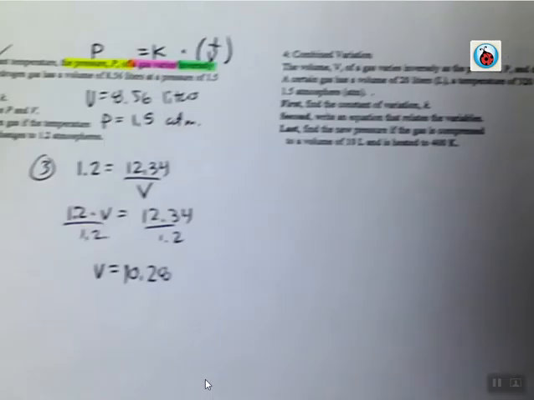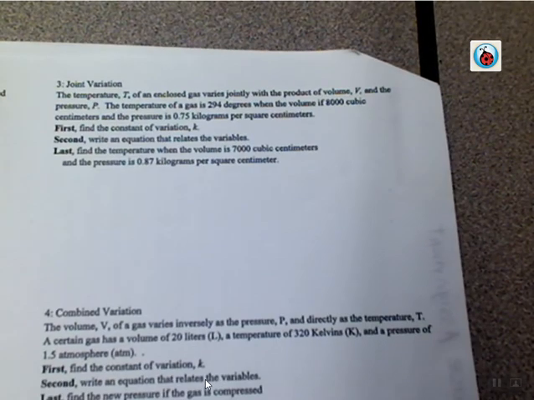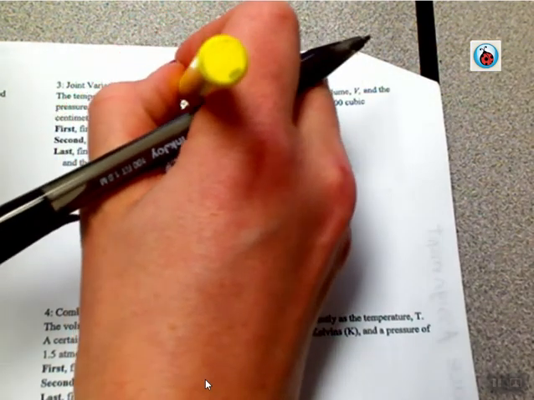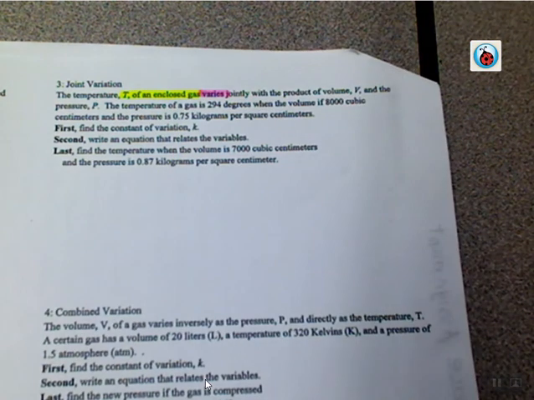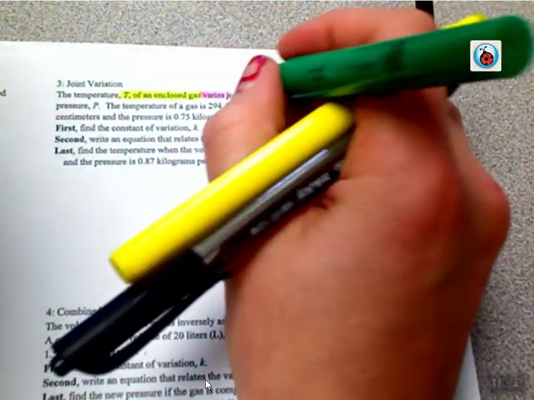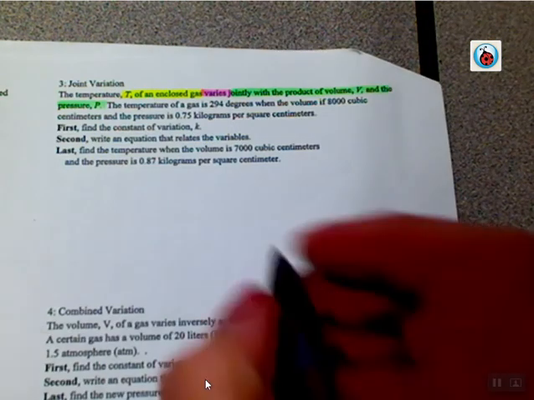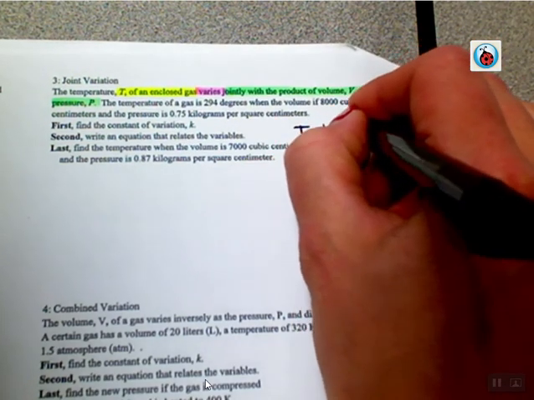All right, let's do our last two questions. The temperature varies jointly with the product of volume and pressure. Temperature varies jointly, volume times pressure.